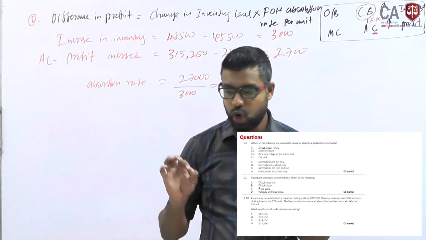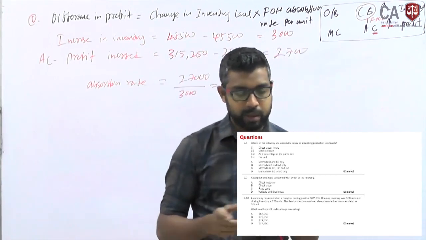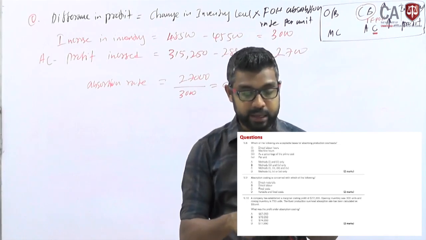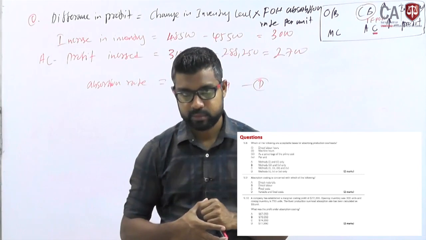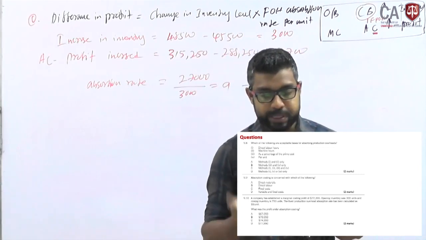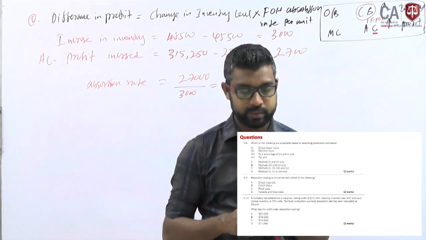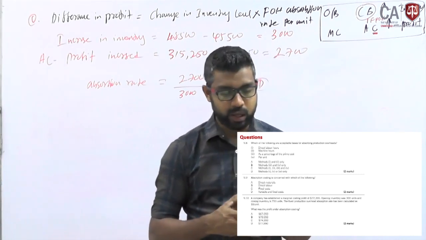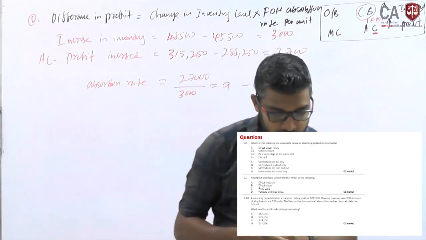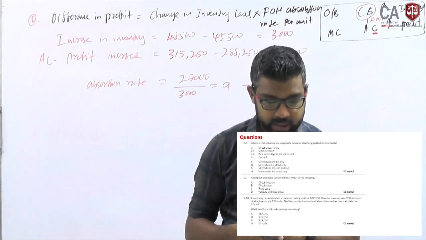Therefore, option D is the correct option. Options A and B are incorrect because they relate to direct cost. Option C is incorrect because it does not take into account variable overhead cost. Variable overhead cost they will not consider.